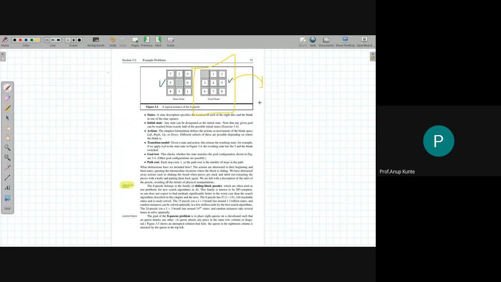Whereas the sliding block kind of puzzles are those where we actually know the goal state, so it is easier for us to define the goal state. But in both places, formulating the goal test is what the problem formulation uses, and that is the reason why we did not say define the goal state.